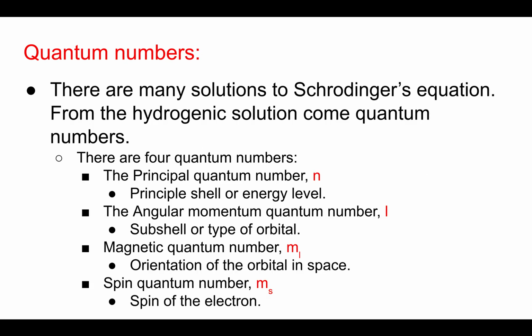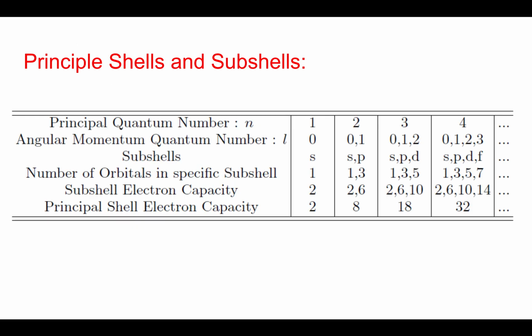There are four quantum numbers: n, l, m sub l, and m sub s. These come out of the exact solutions for the hydrogenic Schrodinger equation, H psi equals E psi for the hydrogenic atom. We're going over this quickly so that we know how to fill our electron configurations.